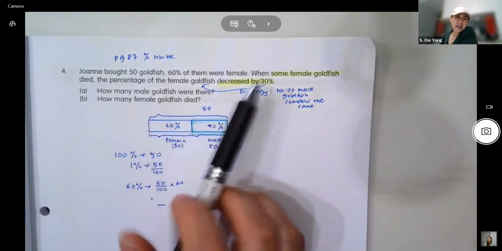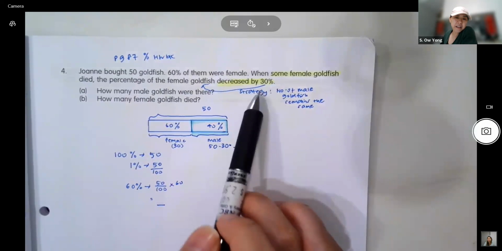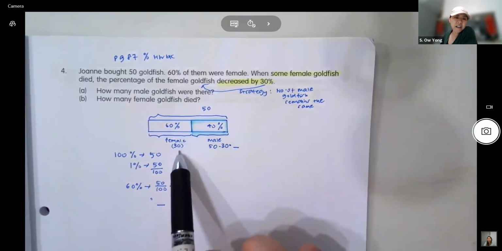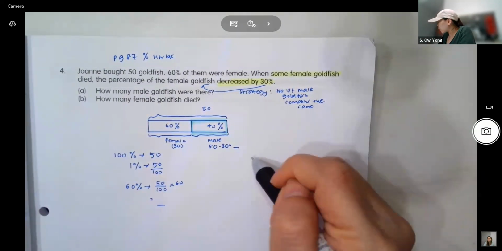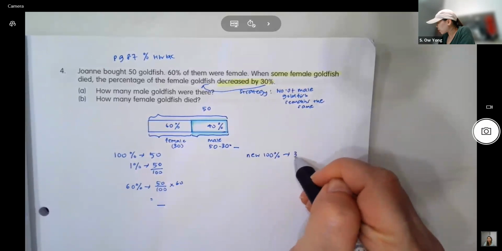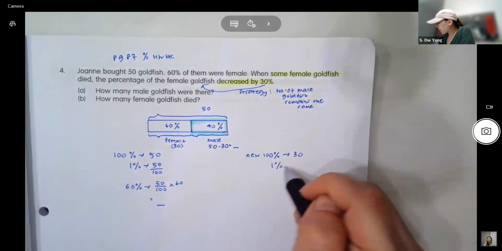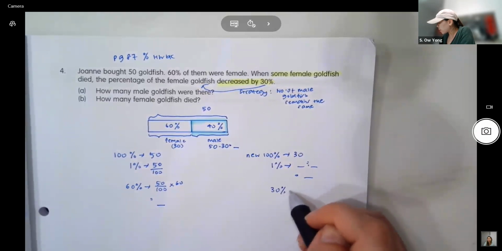But when they say the percentage of female goldfish decreased by 30%, means 30% of the female goldfish disappear. They die already. So your new 100% arrow 30. Go and find 1%. Go and find 30%.